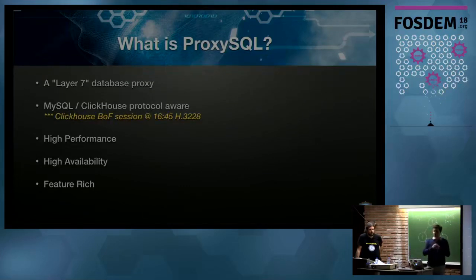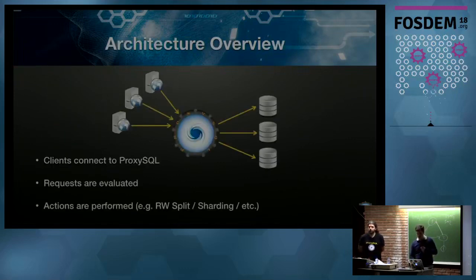So moving back to ProxySQL, it's built for high performance, high availability, and it's feature rich. There's a wide variety of stuff that you can configure to get various functionality, as well as to tune the proxy as you'd like it to behave. Quick overview of the architecture.